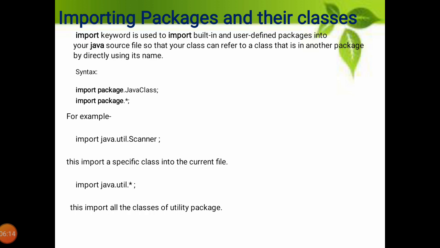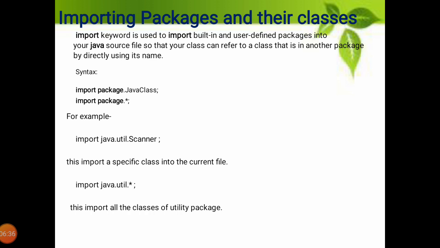For example, import java.util.Scanner; this imports a specific class Scanner into the current file. The second example, import java.util.*; this statement imports all the classes of the utility package into our current file.